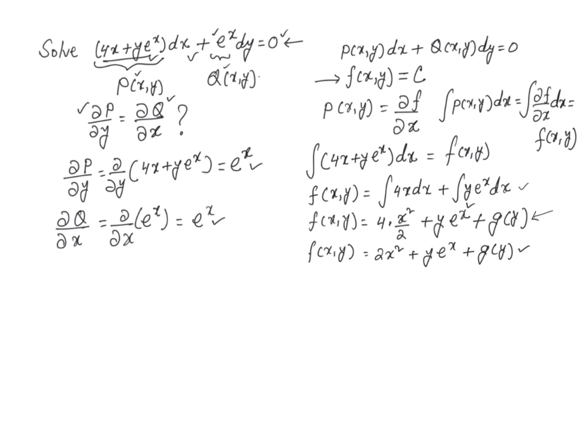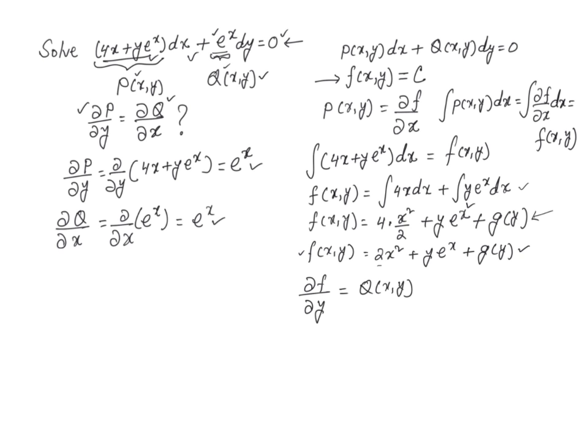We know that Q of x, y, which is just e to the power x in this particular case, is nothing but the partial derivative of this function with respect to y. So del f over del y is going to be equal to Q of x comma y.